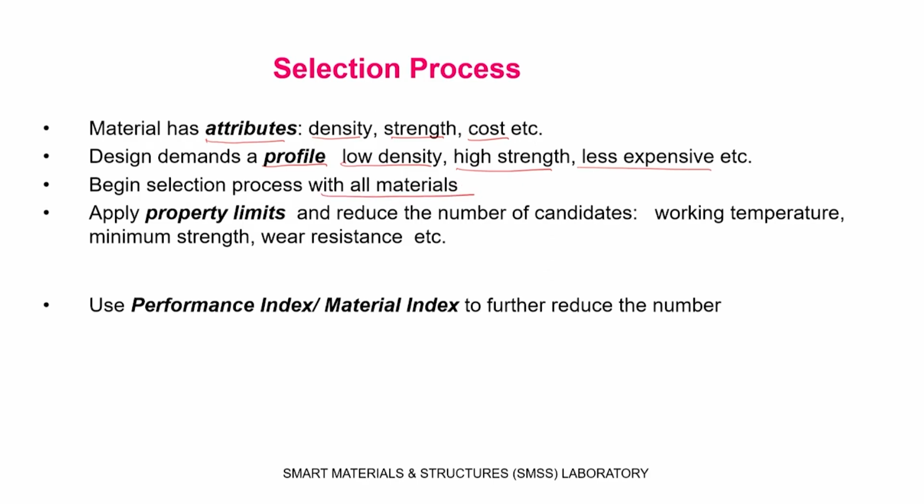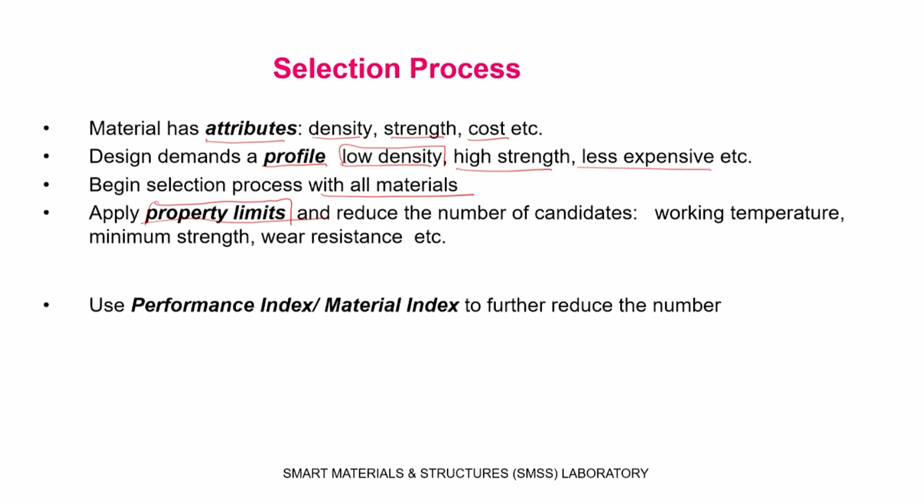And then we will apply the property limits, because you said low density. How low density? Is it between 1000 to 2000 kg per meter cube? If that is so, then immediately steel is ruled out, iron is ruled out. So, that is how we apply the property limits, depending on exactly what is the maximum permissible or minimum permissible property of the system.